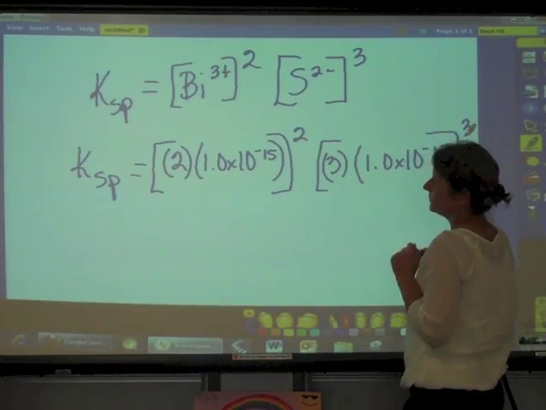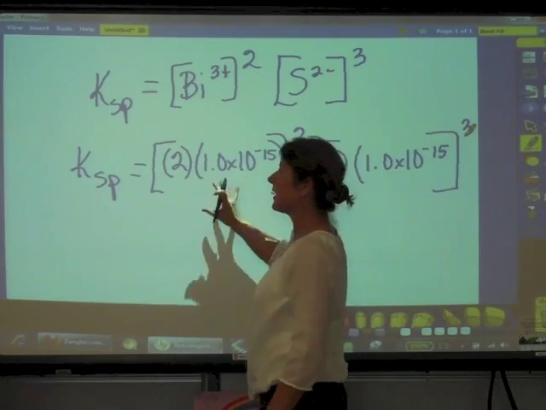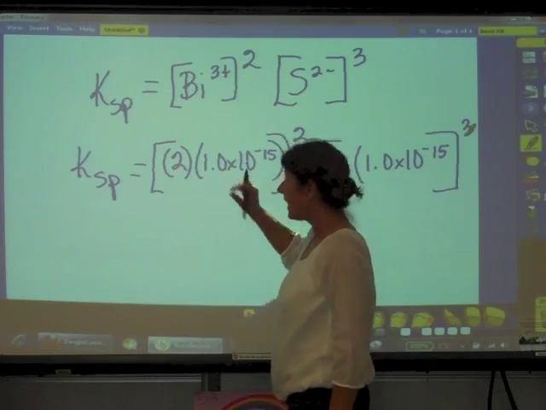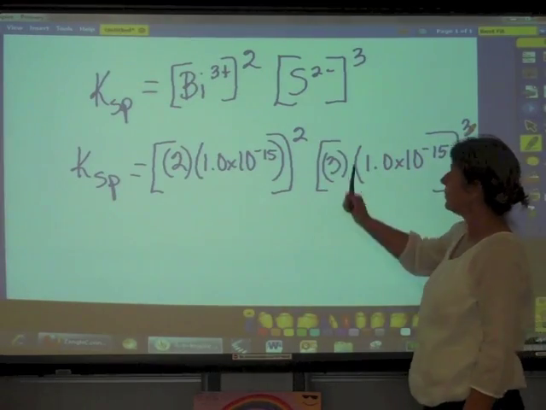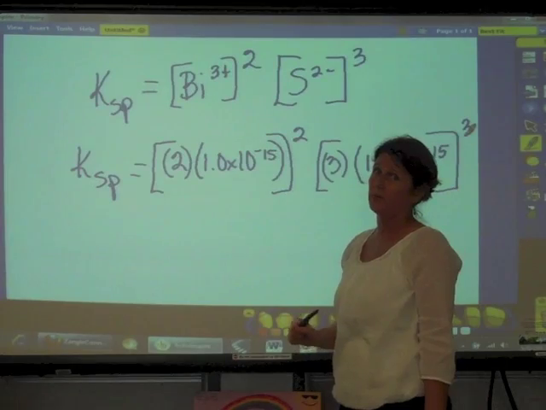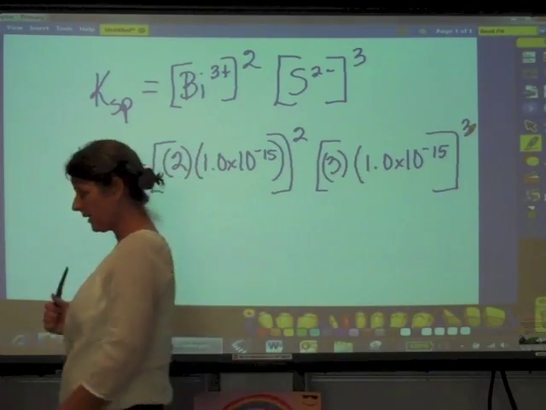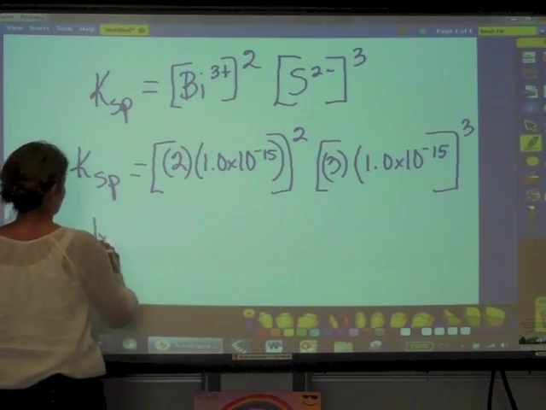Cube it. Because remember, you guys, I am plugging in from my ICE diagram 2x, 3x, but do not forget, you're plugging them in and then you've got to square them as well. All right, so what ends up being our Ksp?